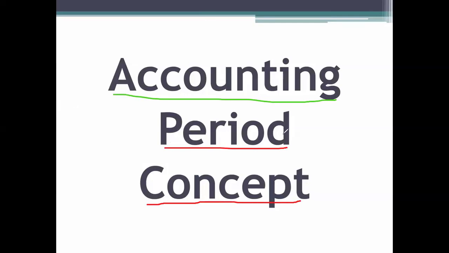Here, accounting indicates the writing of accounts, maintaining of records, and tracking down all the income and expenses in a particular format. So, the accounting period concept talks about recording of various income and expenditure related to business in a particular systematic way.